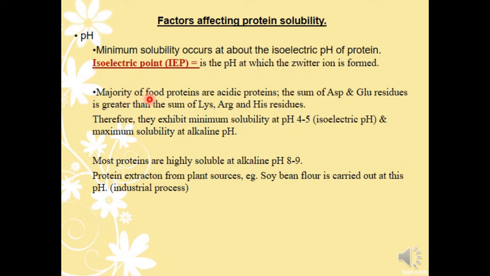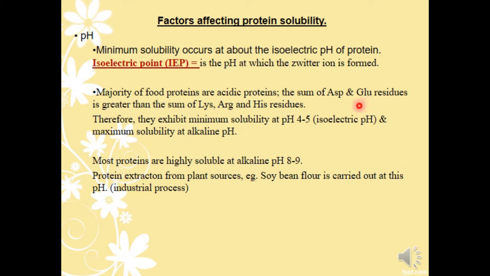The majority of our food proteins are acidic proteins, where the sum of aspartic acid and glutamic acid residues is greater than the sum of lysine, arginine, and histidine residues. Therefore, the majority of food proteins containing aspartic acid and glutamic acid residues will have minimum solubility at a pH range of 4 to 5, and this is classified as the isoelectric pH.